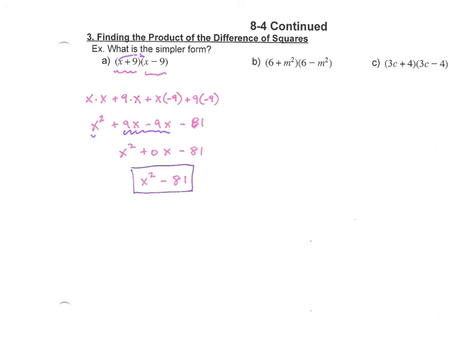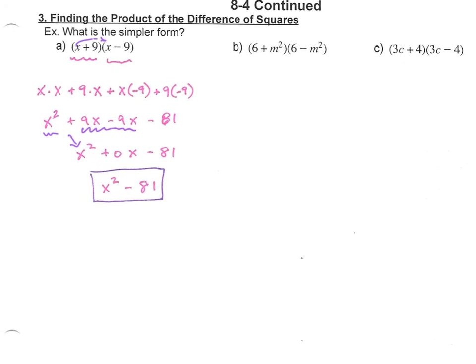So I end up with x squared plus 0x minus 81, or simply x squared minus 81, seeing that those two things are going to zero out.